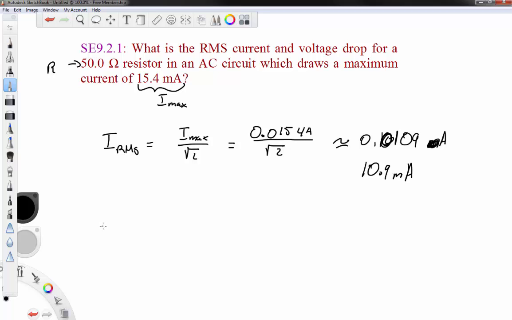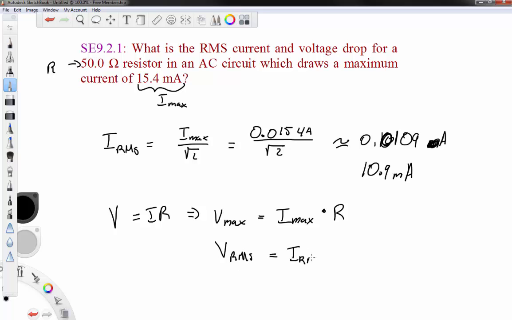To get the voltage drop, basically you can use that V is equal to I times R, and so V max is equal to I max times R, and V RMS is equal to I RMS times R. So you could either do it this way and then divide by the square root of 2, or you could do it this way.